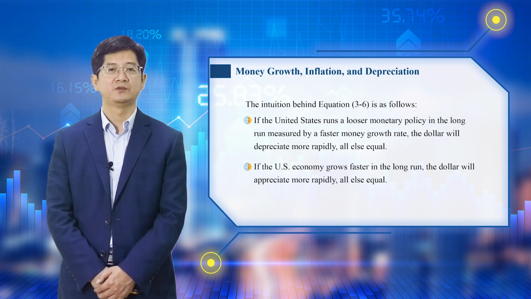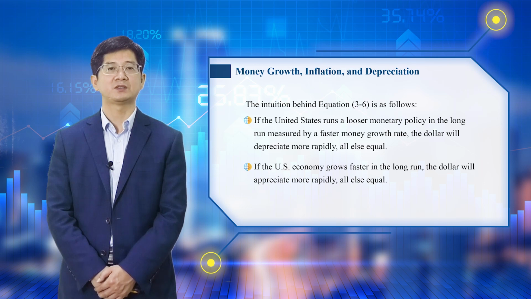For example, suppose Europe has a 5% annual rate of change of money and a 2% rate of change of the real income. Then its inflation would be the difference, 5% minus 2% equals 3%.